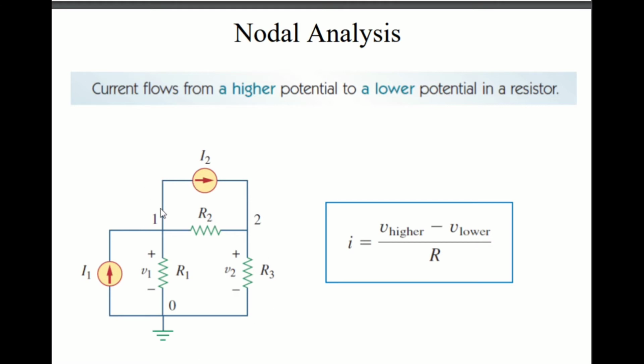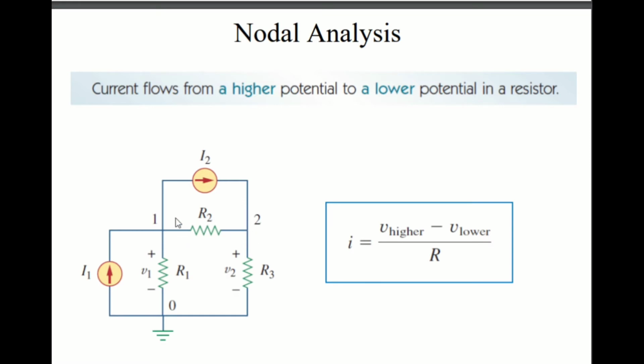Then we have V1, the first node at this point here. We have 4 branches attaching to this node, and then another node is over here, which is V2, number 2, which has 3 wires connected to it.